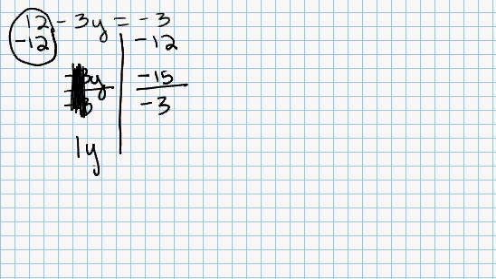So I have 1y left over on this side. I have a negative 15 divided by a negative 3. Well, a negative divided by a negative is a positive, and 15 divided by 3 is 5. So that means that 1y is 5, or y equals 5.